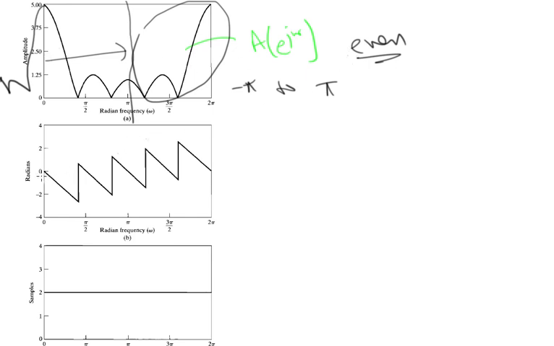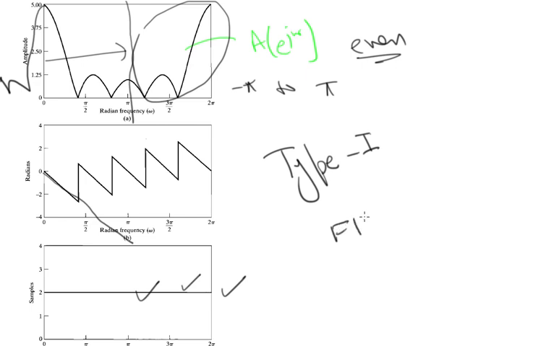Similarly, you can observe that this is the principal value of the phase and it is linear. It will keep going downward and it has a constant group delay, which is the property of linear phase system. So this is type 1 FIR generalized linear phase system.